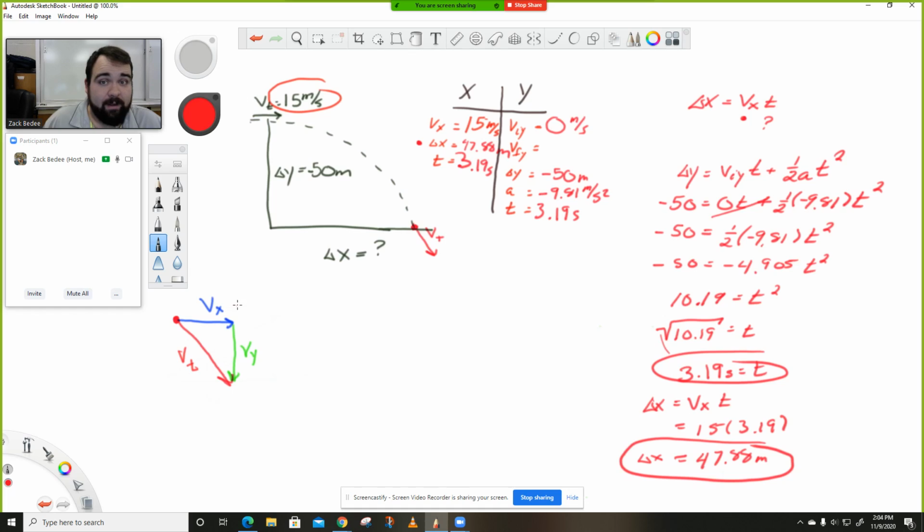Now the X component we already have. It's 15 meters per second. So we already have this.